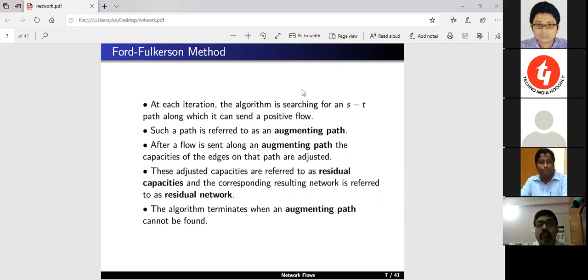The flow value is less than or equal to the capacity. In the forward edges, we want the flow to be strictly less than the capacity. That means there is still some unutilized capacity in the forward edge that you can use for getting more flow.